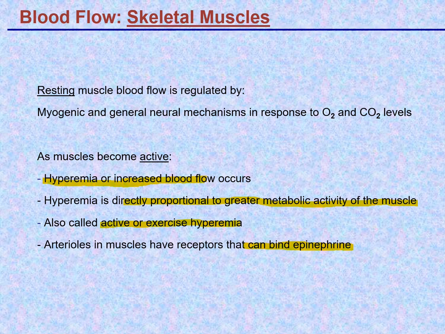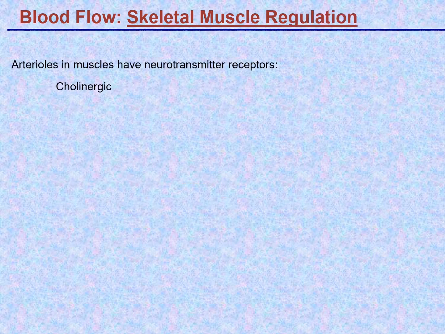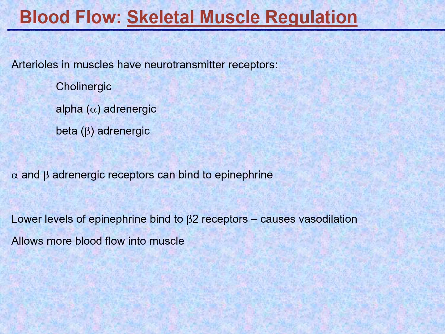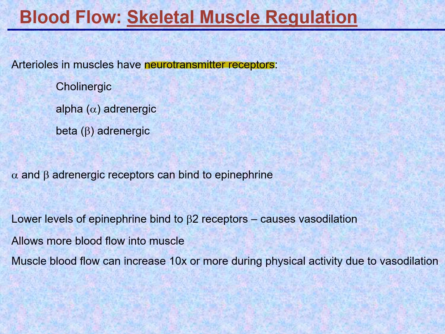And so the idea here is, going from rest to activity in skeletal muscle, you have an increased flow. The arterioles, in fact, have neurotransmitter receptors. They respond to these chemical signals sent out by the nervous system. Those receptors can respond to either acetylcholine, called cholinergic receptors, or to adrenaline, epinephrine, called adrenergic receptors.